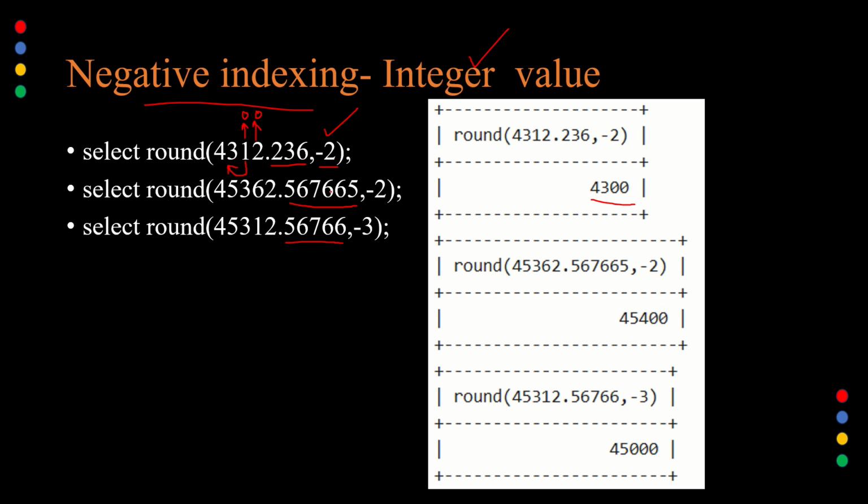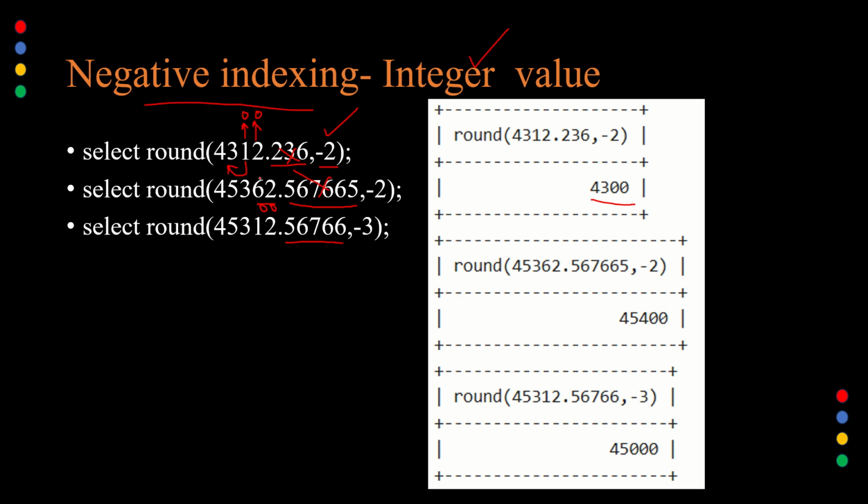Consider the second question. See here it's -2, so we can forget about these decimal points anyway. Here it's 2 decimals, so the 2 digits before the point, that is 62, have to be converted to 00.